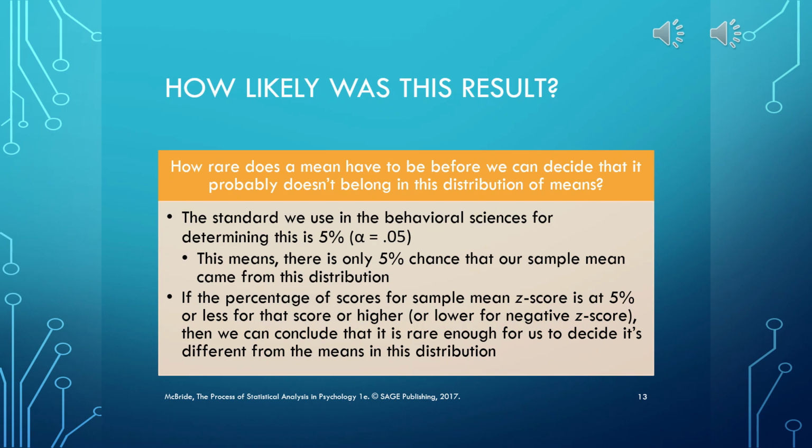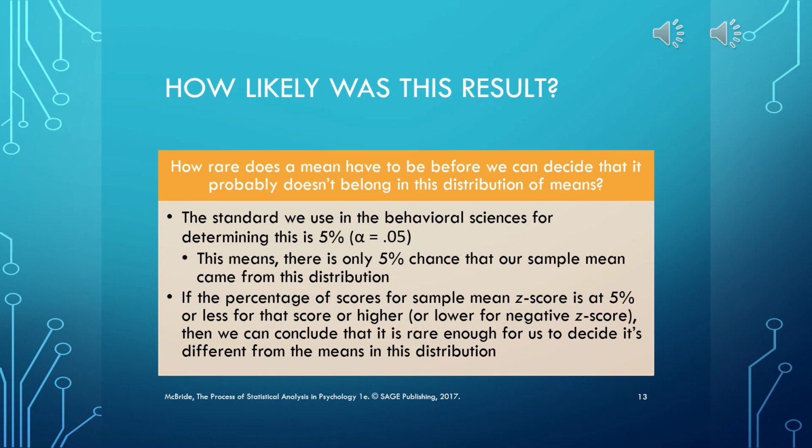and therefore it is statistically significantly different from the distribution of sample means, or different from the other group that we're comparing it to, and therefore we will have rejected the null hypothesis.